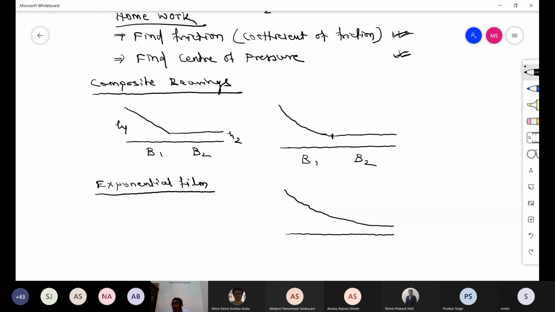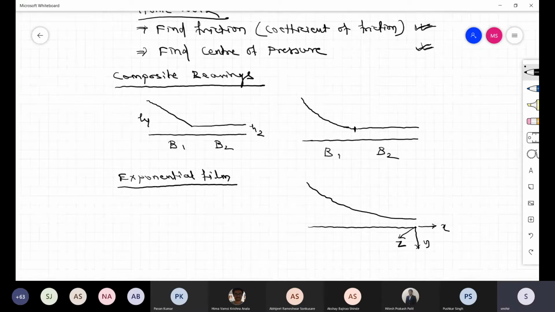Let us fix our coordinate system here. H is the film thickness, and this film thickness here is H0.